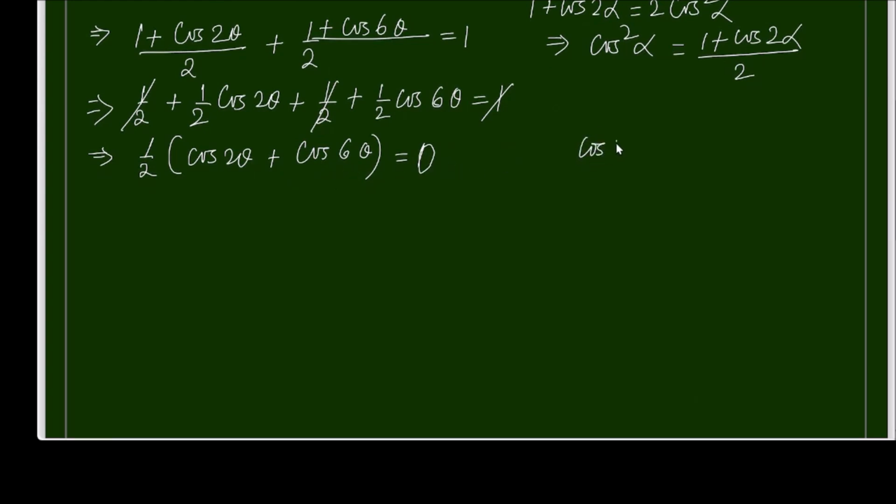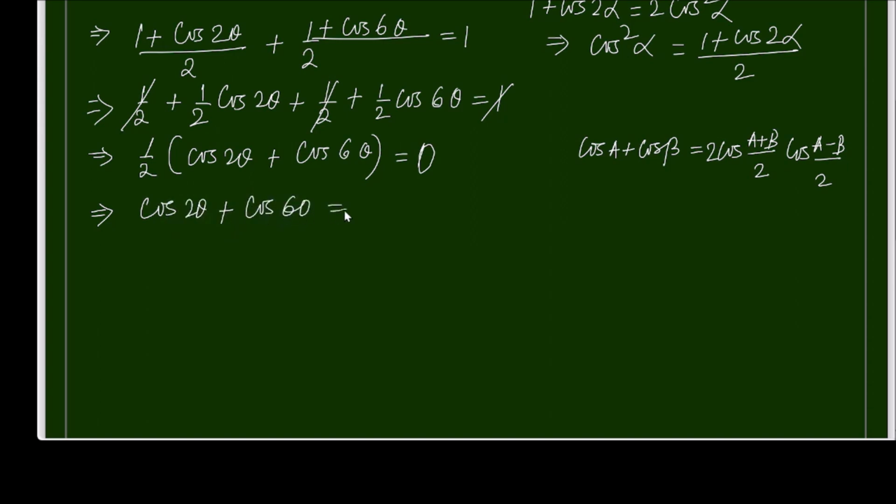Next formula I am applying: cos A plus cos B equals 2 cos of A plus B over 2 and cos of A minus B over 2. So applying for this, cos 2 theta plus cos 6 theta is equal to 0, or that will be twice cos of 2 theta plus 6 theta over 2 into cos of 2 theta minus 6 theta by 2 is equal to 0.